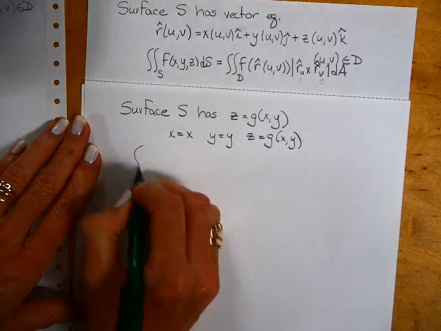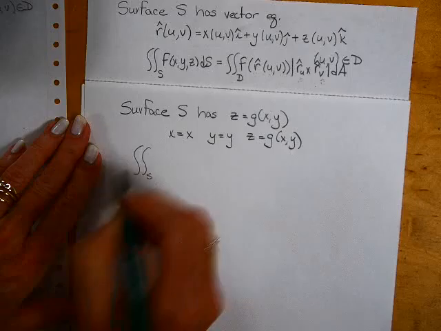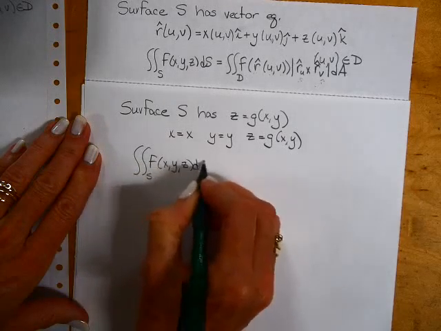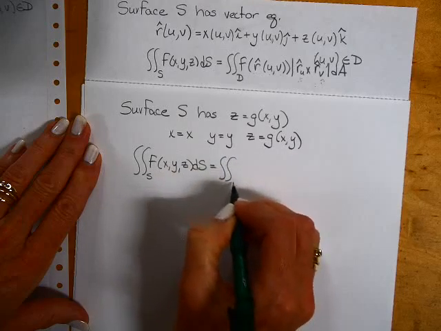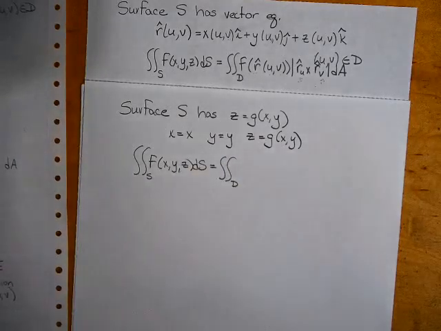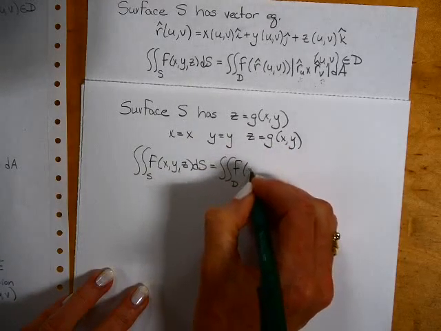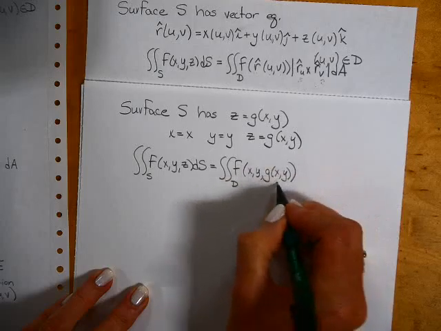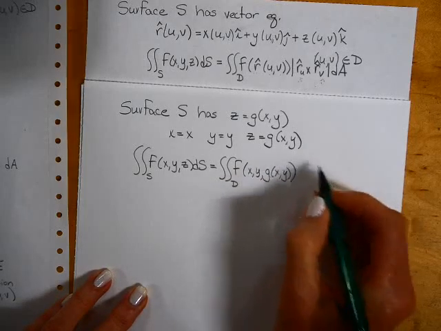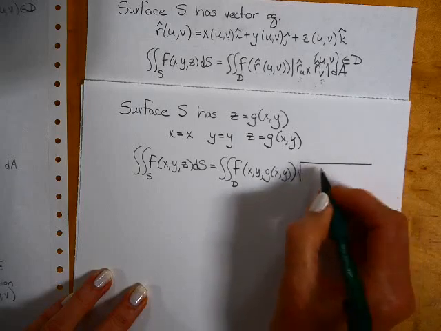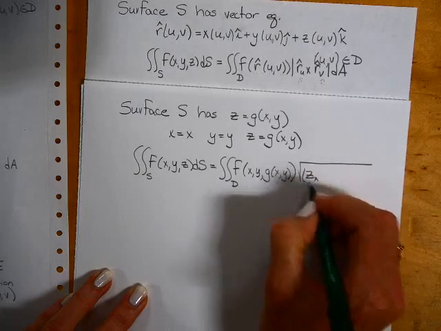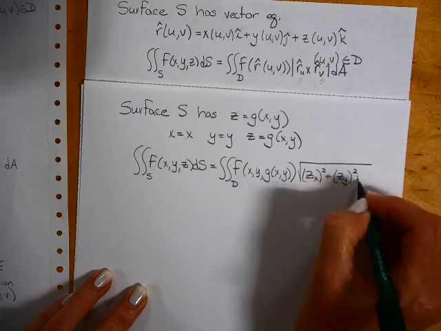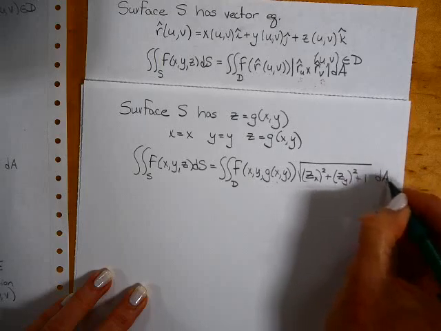So the double integral formula of f of x, y, z dS is the double integral over the region D of f of x, y, g of x, y. In other words, you replace the z, make it in terms of x and y, times the square root of the partial of z with respect to x squared plus the partial of z with respect to y squared plus 1 dA.